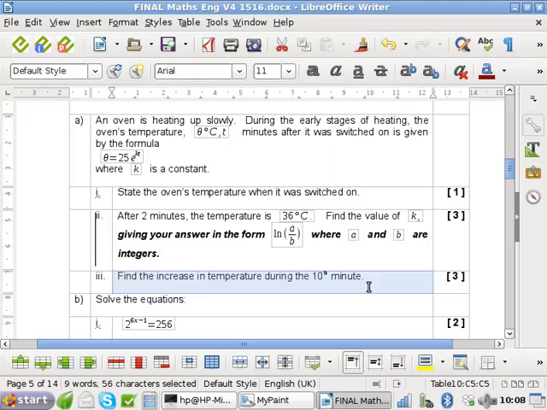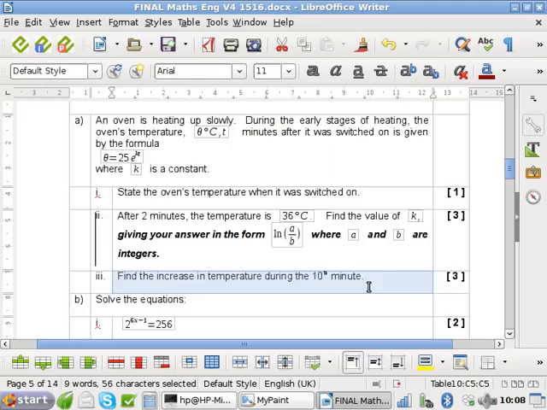A lot of students got tricked here. It's a trick. Look at the English very carefully. Find the increase in temperature during the 10th minute.